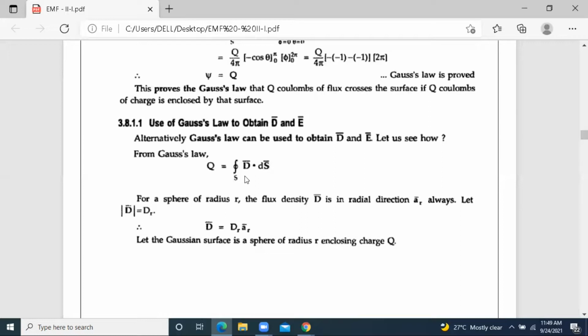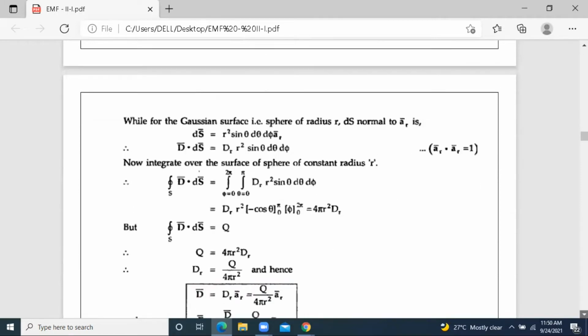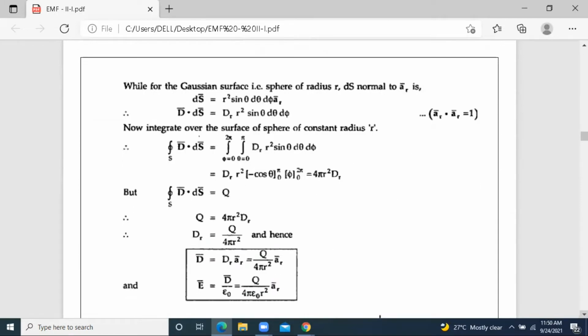What this amounts to is that to find your Q, your D, your E, this is a much simpler approach than to use the long formula with Coulomb's law. Look at this. This is your ds.